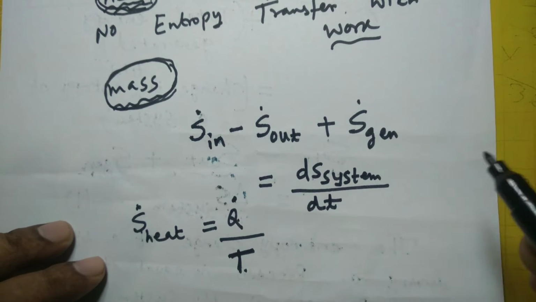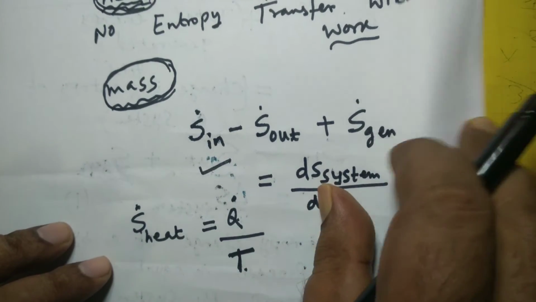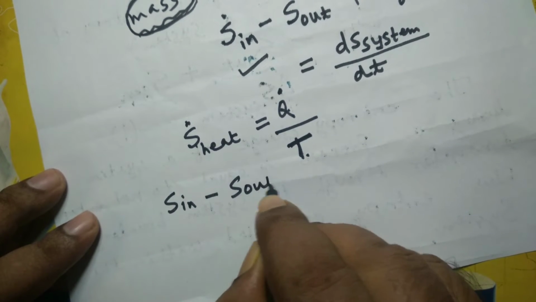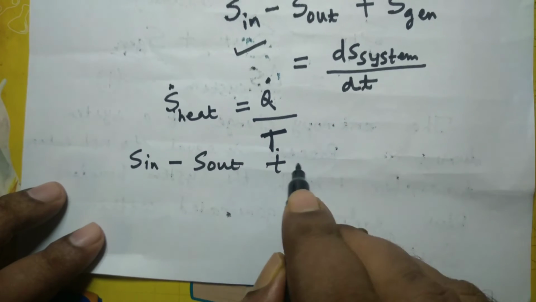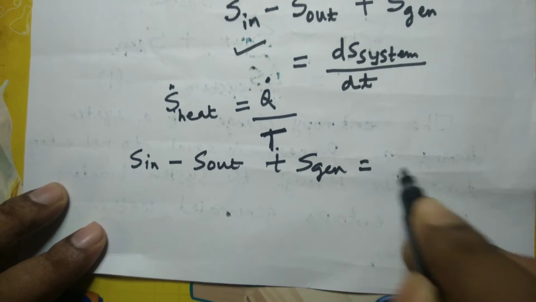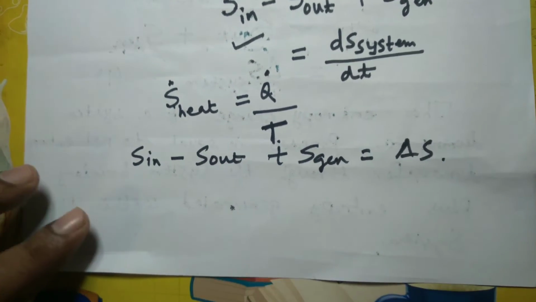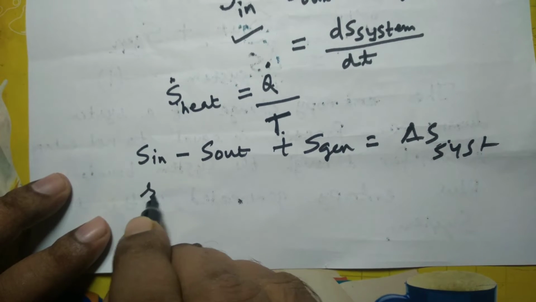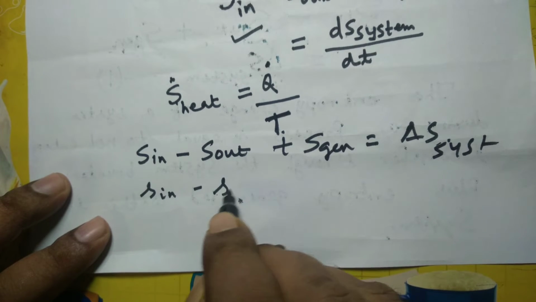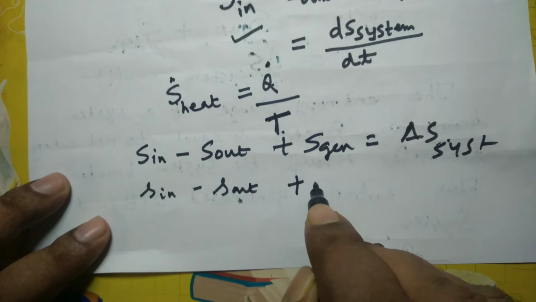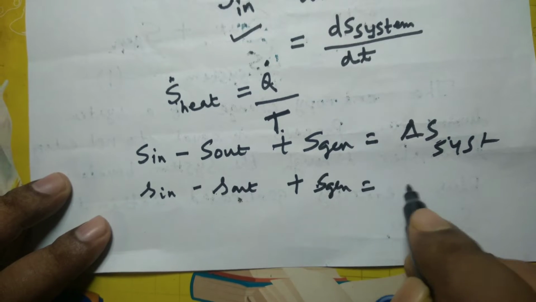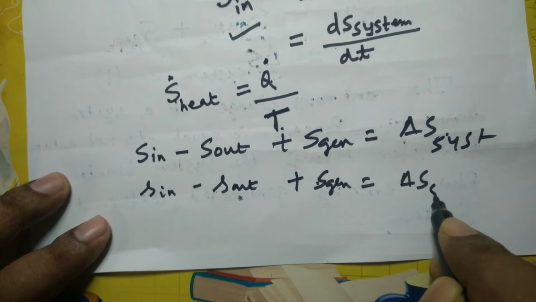So for unit mass, this equation number 1, which is the most general equation, that is S in minus S out plus S gen is equal to delta S system, in per unit mass form is small s in minus small s out plus small s gen is equal to delta small s system.